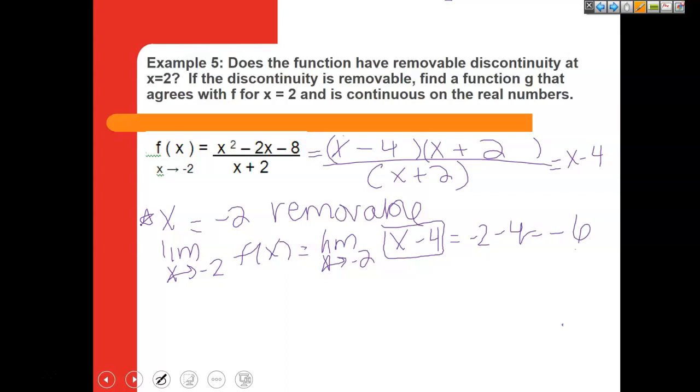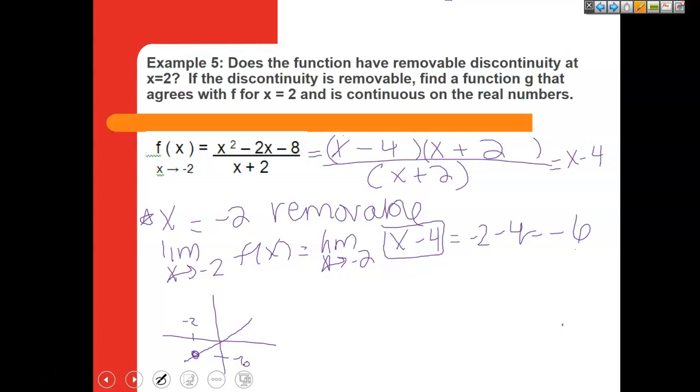If I were to graph this original f of x, it would look like the linear function x minus 4, and at negative 2, there's a hole. The limit at negative 2 is negative 6, because the limit from the left and the limit from the right are equal to negative 6.